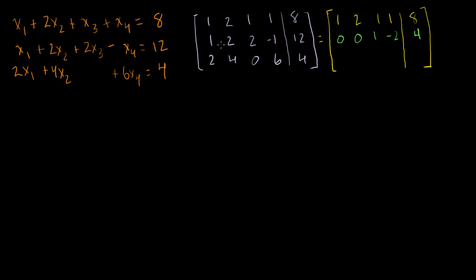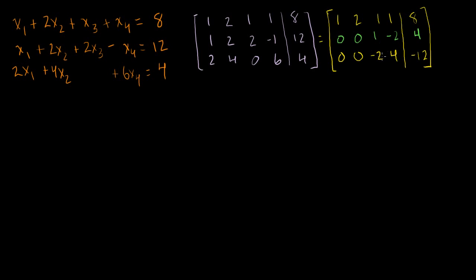So we get 2 minus 2 times 1 is 0. 4 minus 2 times 2 is 0. 0 minus 2 times 1 is minus 2. 6 minus 2 times 1 is 4. And then 4 minus 2 times 8; minus 2 times 8 is minus 16. 4 minus 16 is minus 12.